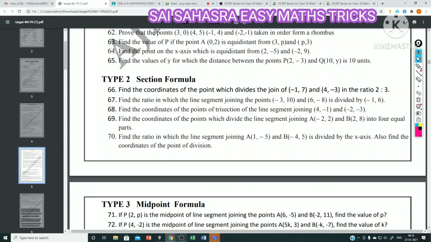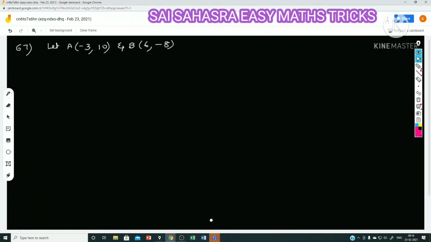Minus 1 comma 6. So P point is minus 1 comma 6. So they are asking us to find out the ratio. So M is to N equal to question mark. This they are asking us to find.